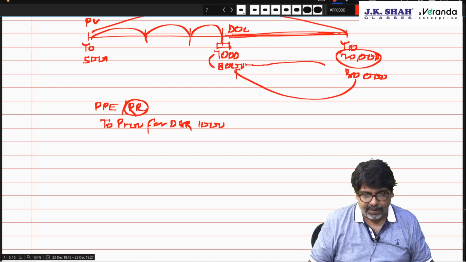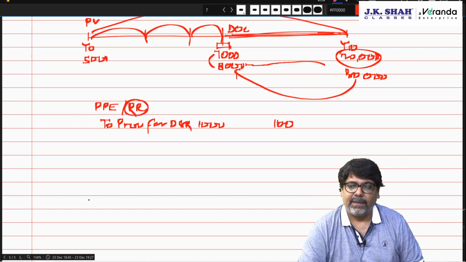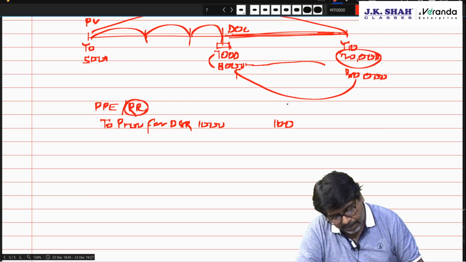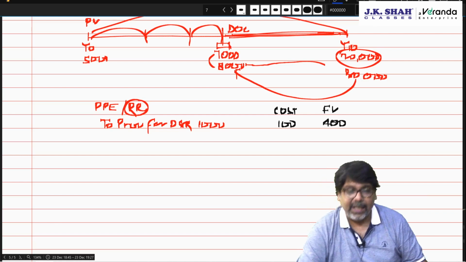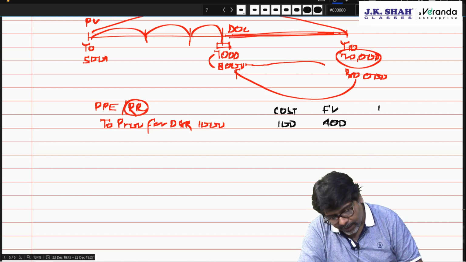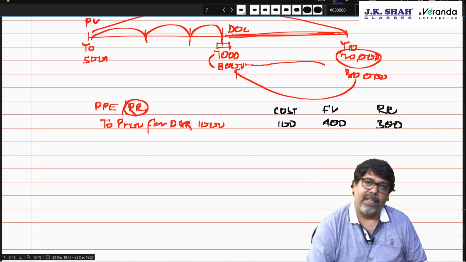Just imagine. Suppose PPE was 100 rupees. Correct? PPE ka cost was 100 and fair value was 400. Correct? So revaluation reserve was how much? 300.